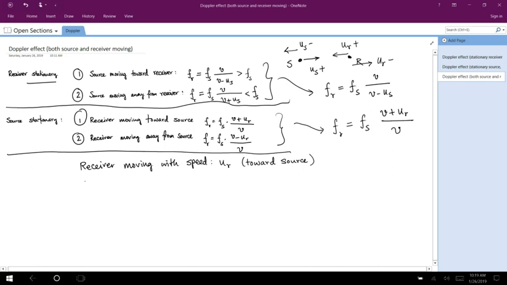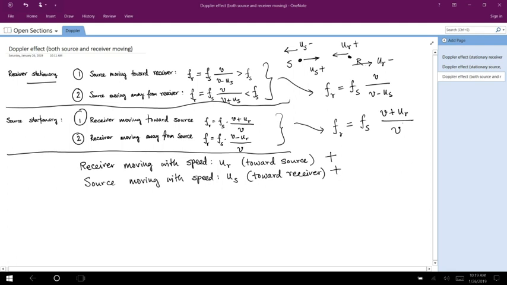And then we have the source moving with speed Us, and this is also moving toward the receiver. So since it's moving toward the receiver, this is also positive by our convention, right? When the receiver is moving toward the source, that's positive. When the source is moving toward the receiver, that's positive. So both of these cases are plus cases.